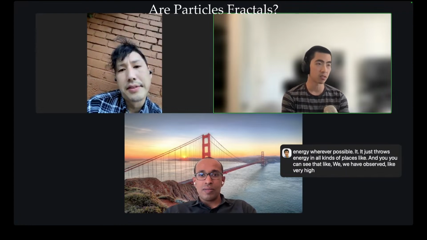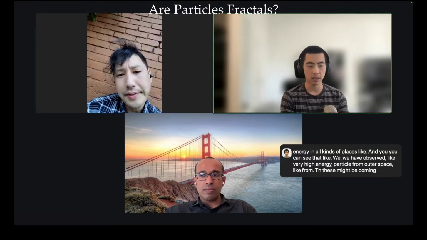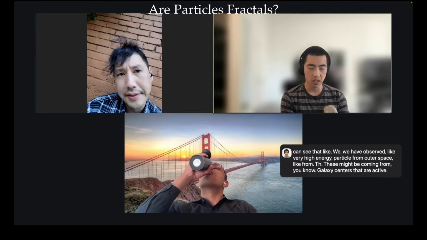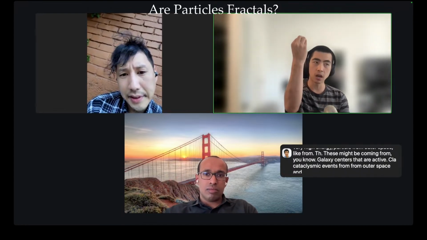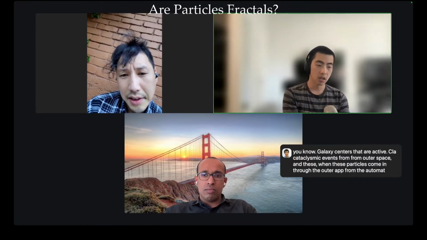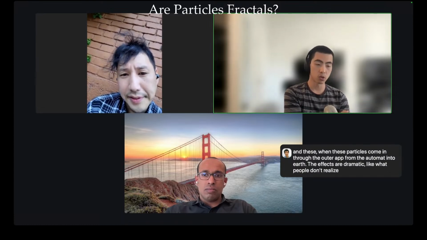You can see that we have observed very, very high energy particles from outer space. These might be coming from galaxy centers that are very active, cataclysmic events from outer space, and when these particles come in from the outer atmosphere into Earth, the effects are dramatic. What people don't realize is that when we observe high energy particles, we don't just observe one.